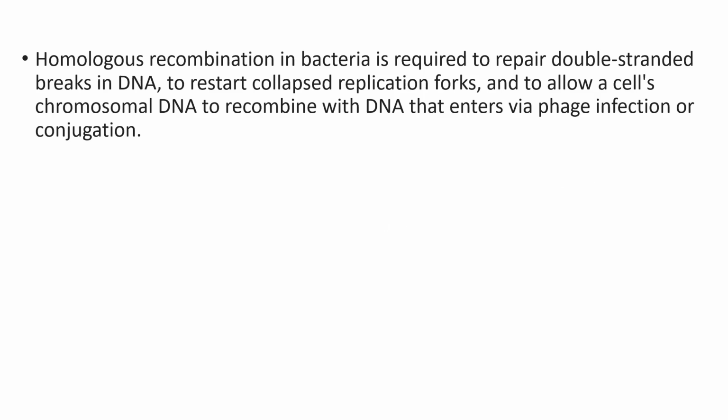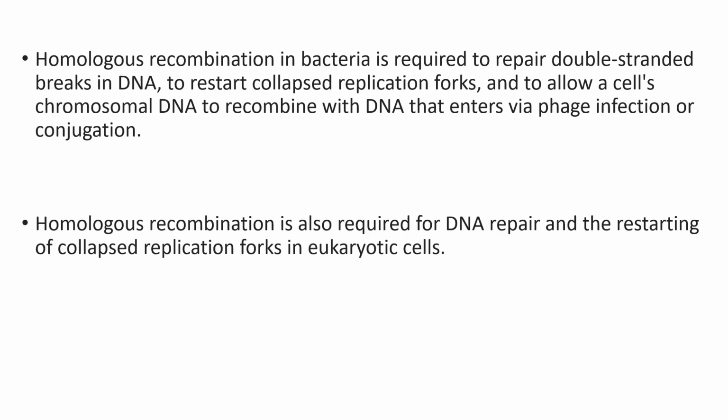Homologous recombination in bacteria is required to repair double-stranded breaks in DNA, to restart collapsed replication forks, and to allow a cell's chromosomal DNA to recombine with DNA that enters via phage infection or conjugation. Homologous recombination is also required for DNA repair and the restarting of collapsed replication forks in eukaryotic cells.